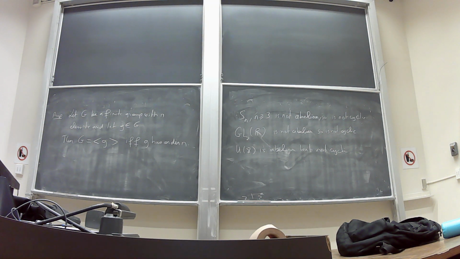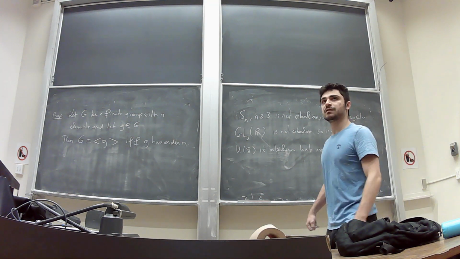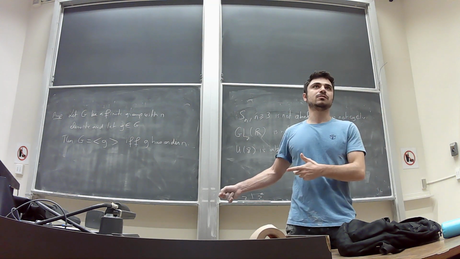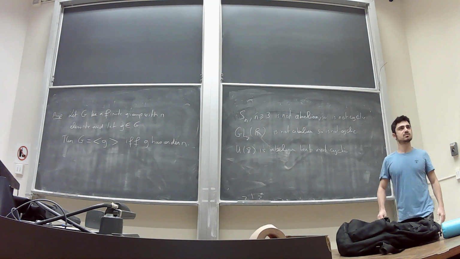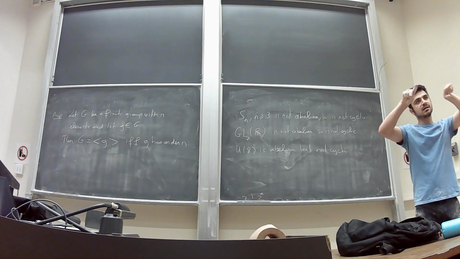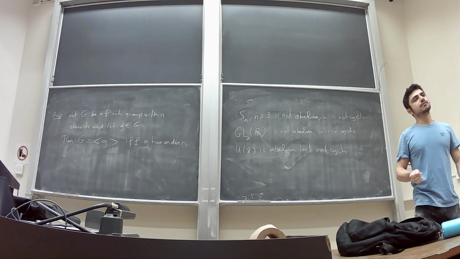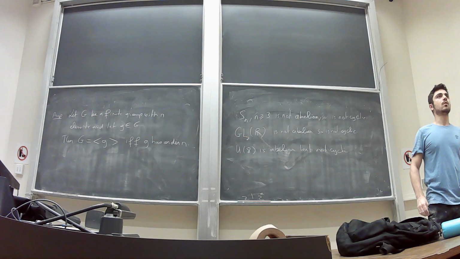Before, what I said is that a group G with n elements is cyclic if and only if there exists a g with order n. So here it's a bit related. I say if you have a finite group with n elements, then it is generated by little g if and only if little g has order n. Okay?